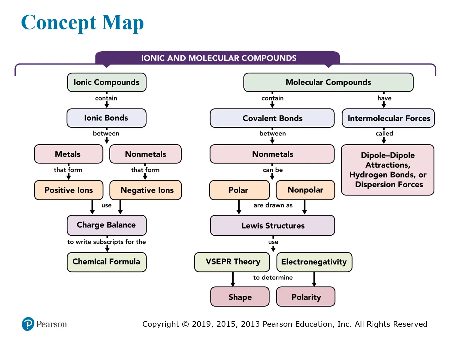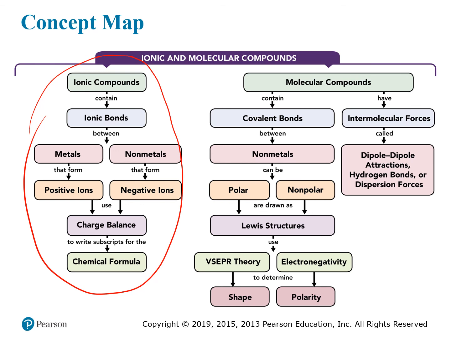This is a chart just outlining the topics that we learned in Chapter 6. The first part was ionic compounds, and so that encompasses all this stuff, right? Ionic compounds, understanding ionic bonds, how the bonds form through the transfer of electrons to satisfy the octet rule, how metals form positive ions, nonmetals form negative ions.